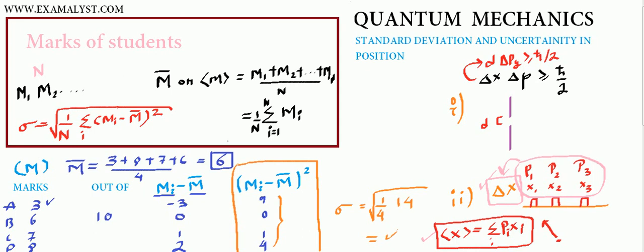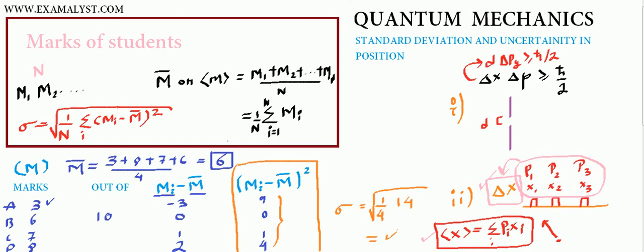Now, if we go to quantum mechanics, mathematicians and physicists both agree that the standard deviation sigma can be used as a measure of uncertainty. This is quite interesting. After all, uncertainty is the spread in the various possible values of position.